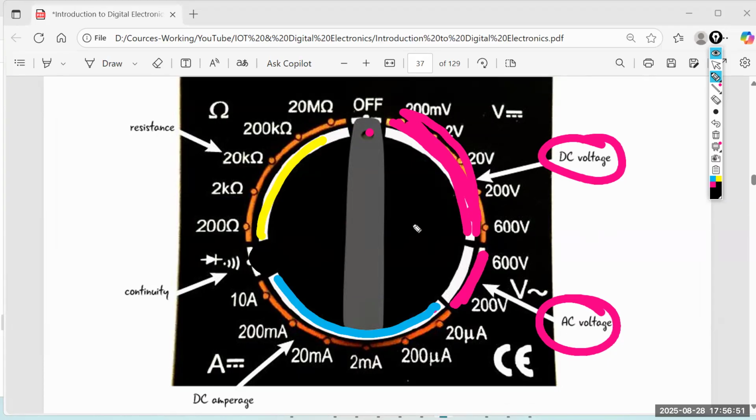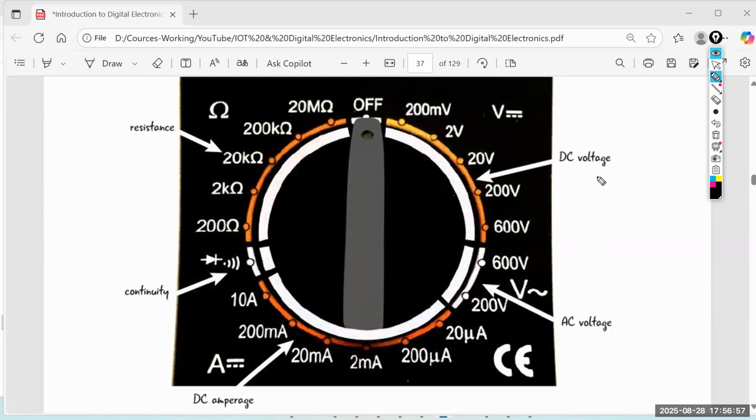So how do you decide the exact value? If you know that your current is going to be somewhere around, say, 20 milliampere, because you have an idea based on your Ohm's law and your battery and so on. I told you that Arduino will not give you high amperages.